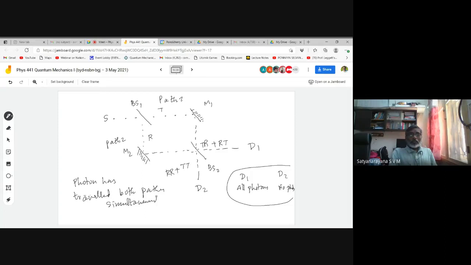If you try to measure which path it has gone, then you will get which-path information, but you don't get this result. You get 50% here. So this is very sensitive. This is basically interference. Interference is one detector showing maximum, the other detector showing minimum, and this particular experimental setup is what is called a Mach-Zehnder interferometer.